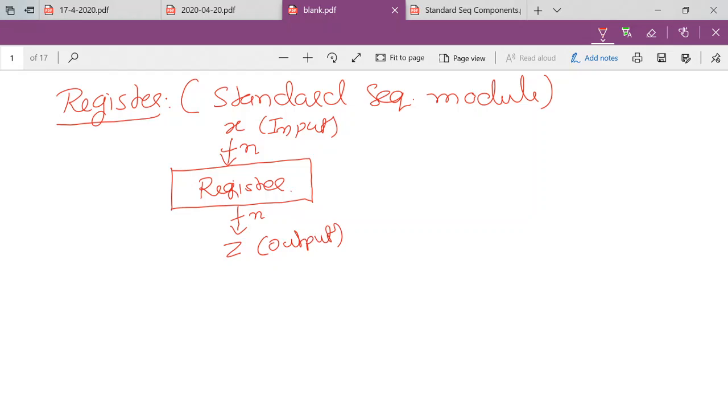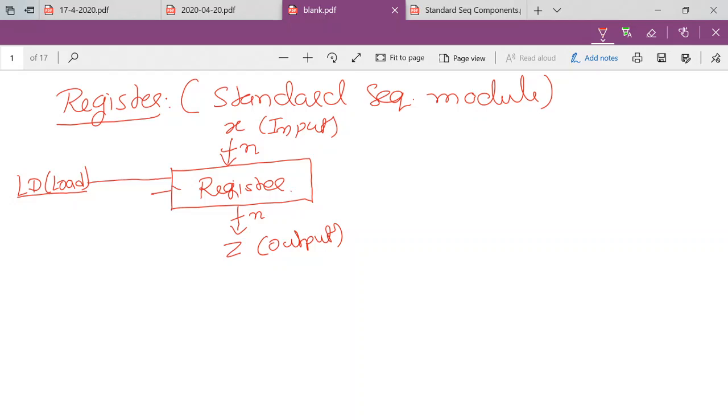There would be a few control lines. We will discuss the operation of those control lines one by one. One is load, which we represent with LD. We will discuss the meaning and the functionality of these controls in a while.